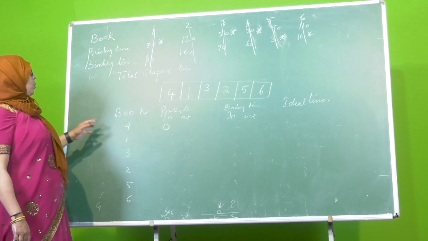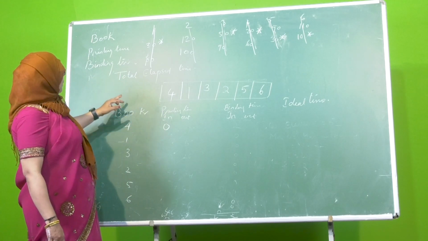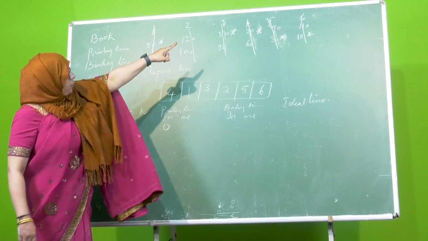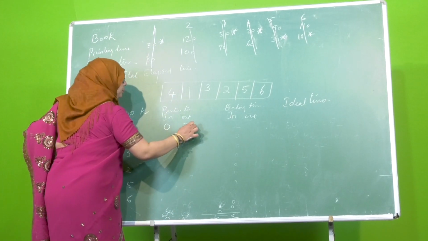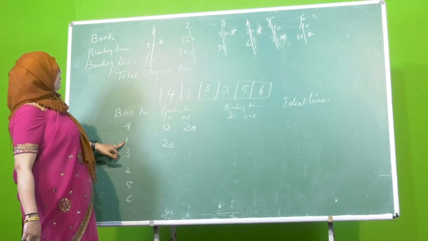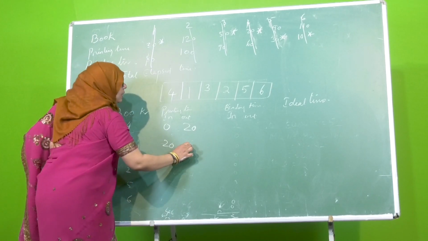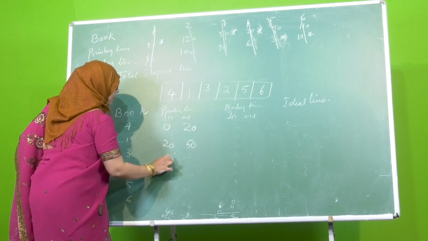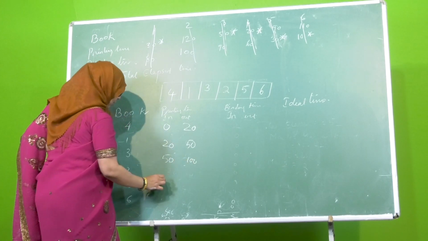Okay. So, what is the value of 4 in printing time? That is 20. 1, 30, that is 50. 3, 50 plus 50, 100.